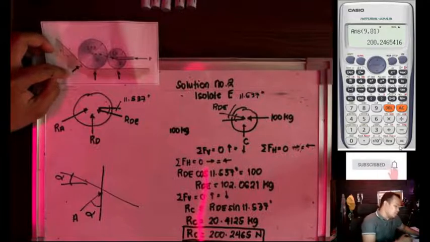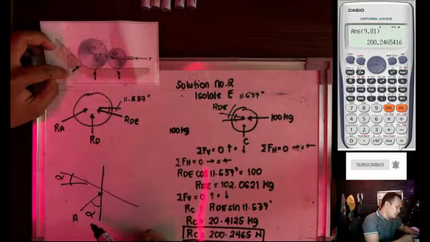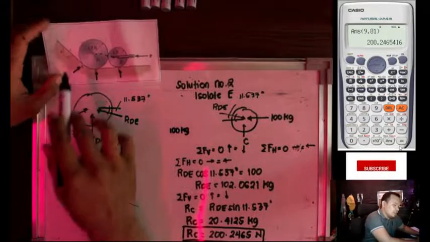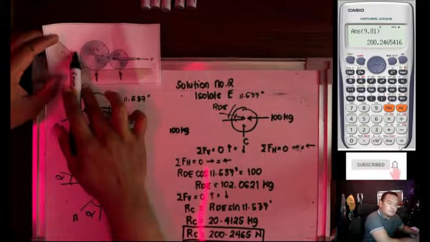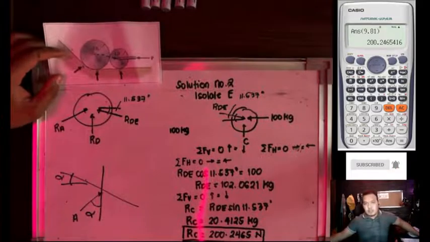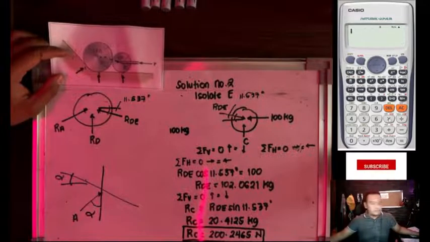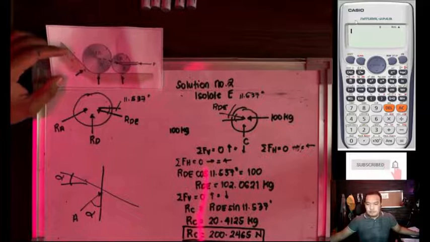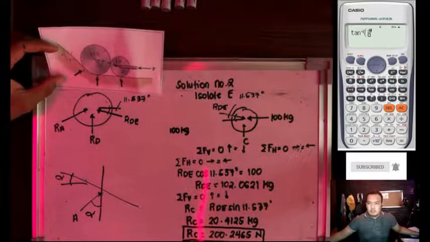Okay, so to get the angle here, we have a 3, 4, and 5 here. So to get it, we use tangent, arctan of opposite over adjacent, 4 over 3, equals.